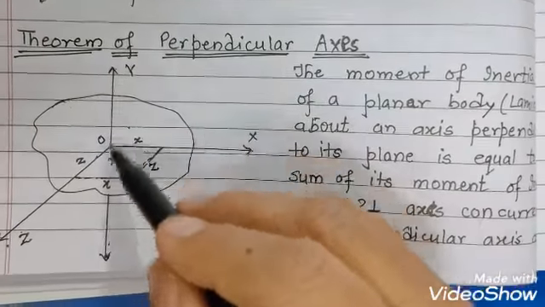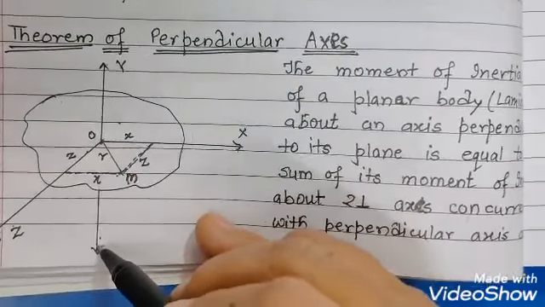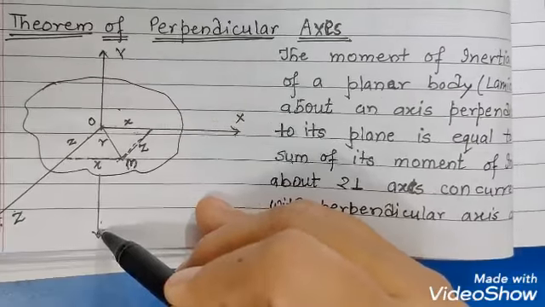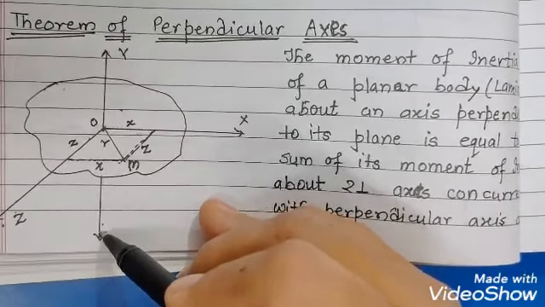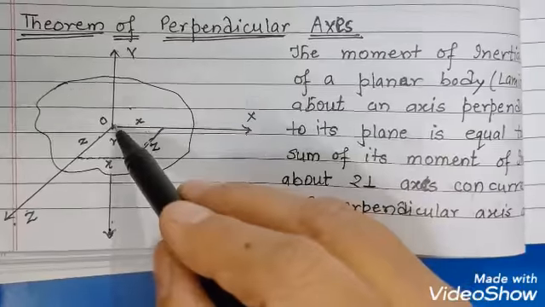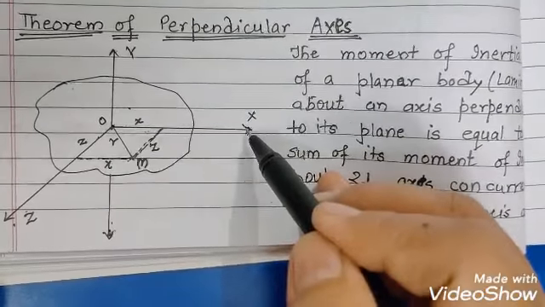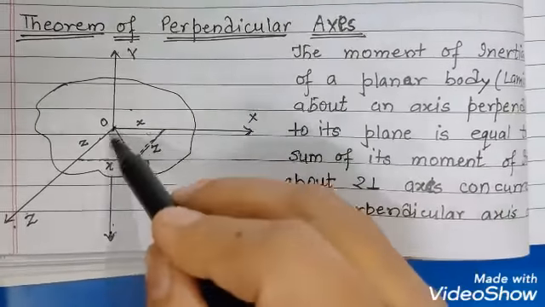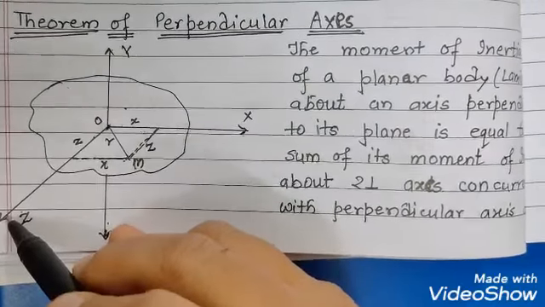So the moment of inertia about the y-axis will be equal to the sum of the moment of inertia about the x-axis and the moment of inertia about the z-axis.